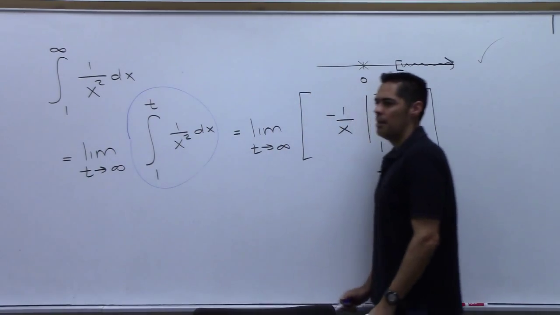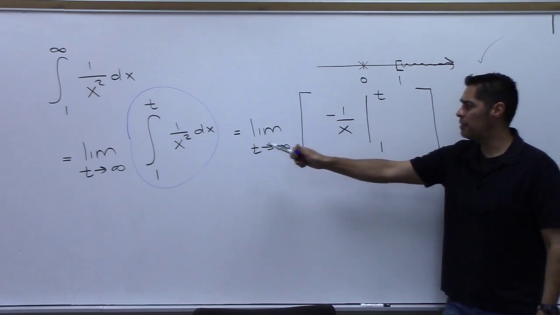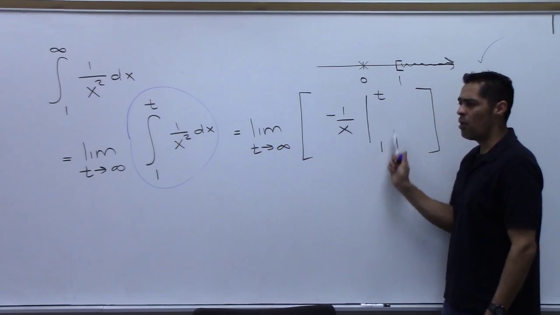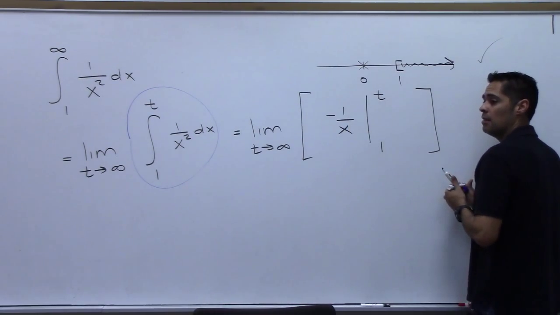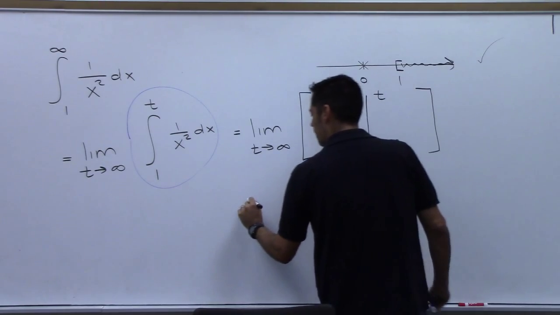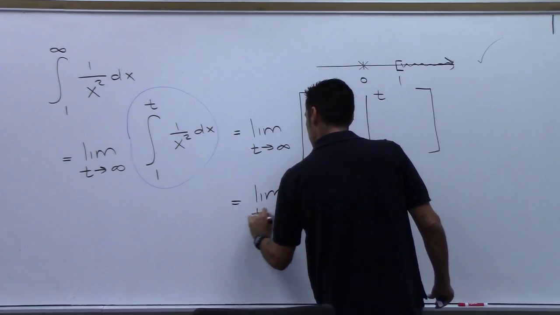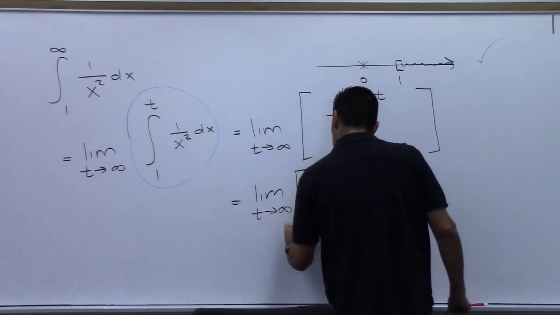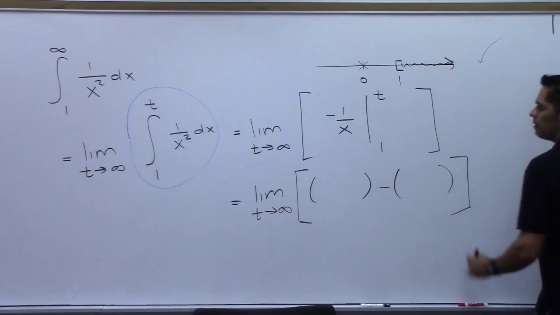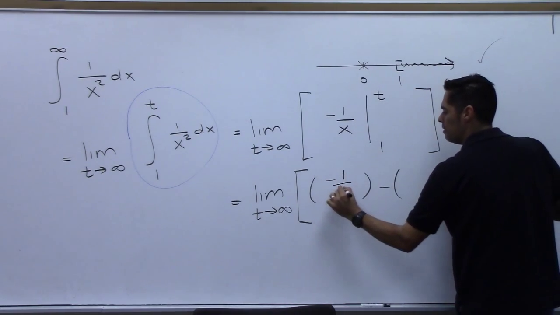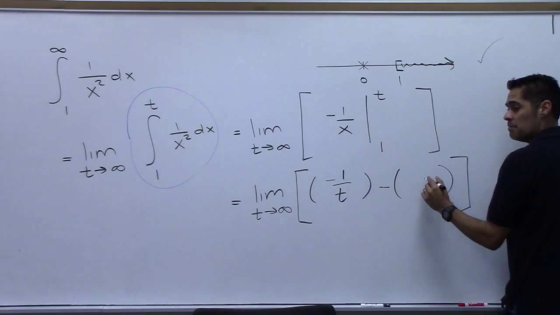Using the fundamental theorem of calculus from last class, we find the antiderivative of this, which we did, and then draw this bar and plug in your two endpoints. So now I've got to actually do this. Plug in t, plug in 1, right? Let's do that. So limit t goes to infinity, bracket. Okay, so I have two things. Plug in t, I just get negative 1 over t, right? Plug in 1, I get negative 1.